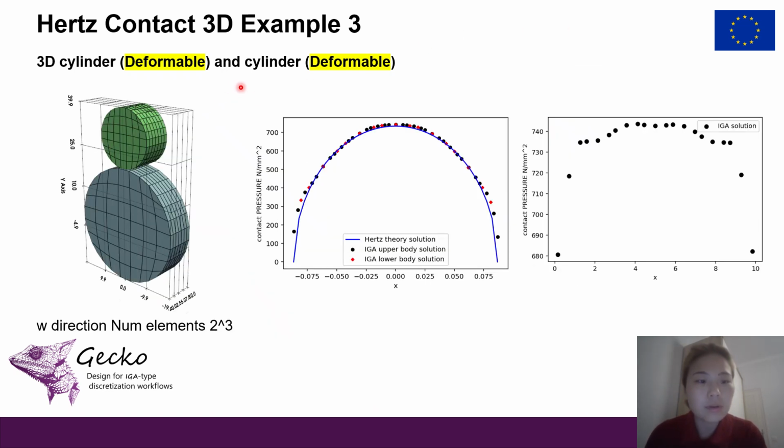Here we come to the 3D cylinder deformable models, and we can see the contact pressure agrees with the theoretical solution very well, with a symmetric contact pressure distribution along the length.